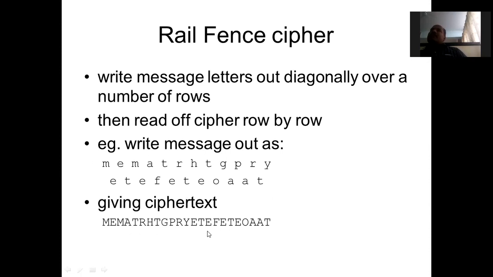We write it in the same way, and from this we obtain the plain text.